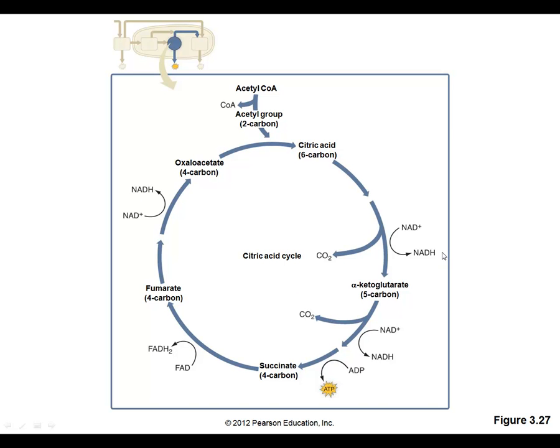If we count the NADH, we have 1, 2, 3 NADH and 1 FADH2. In the preparatory step we had another NADH, so that makes 4 NADH and 1 FADH2. Multiply that by 2, then you have 8 NADH and 2 FADH2. Why 2?